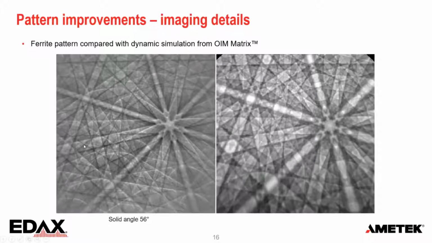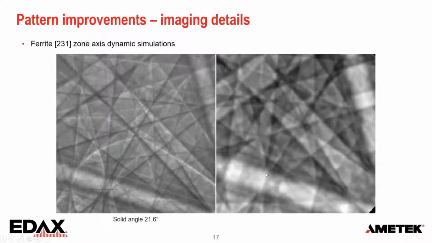And that just shows that the actual electrons that make up the experimental patterns have a very narrow energy range, which causes these very sharp diffraction patterns. Also, looking at more details, a lot of the details can be correlated between the two pictures.